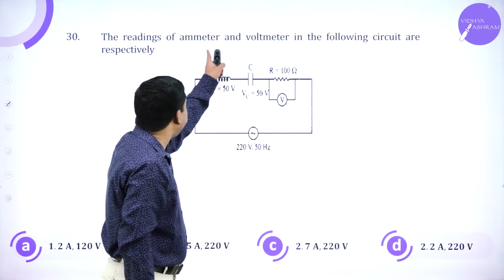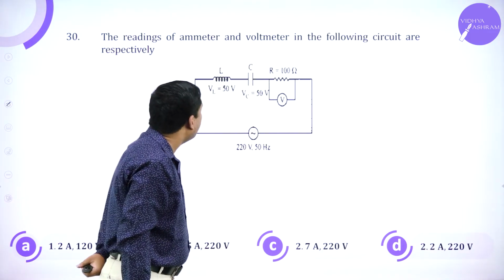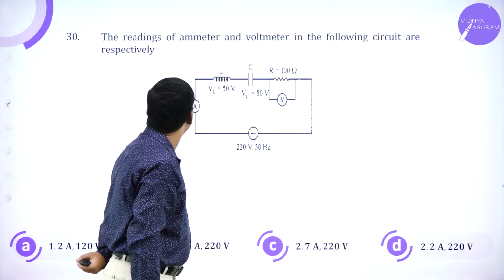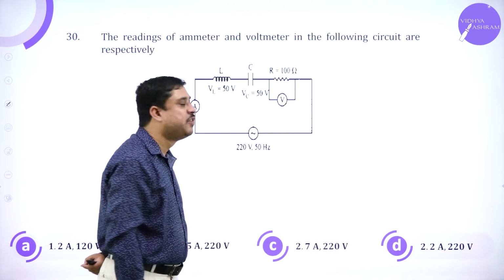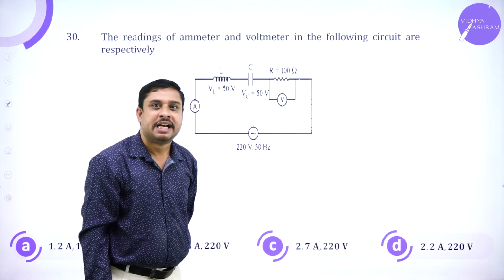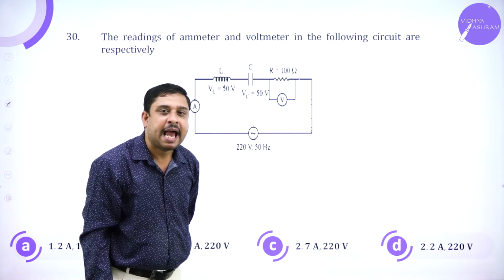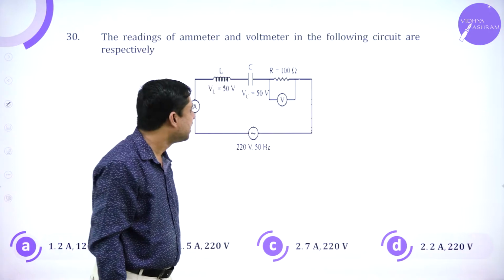Next, the readings of ammeter and voltmeter in the following circuit are, respectively. A beautiful question. Readings of ammeter and voltmeter.